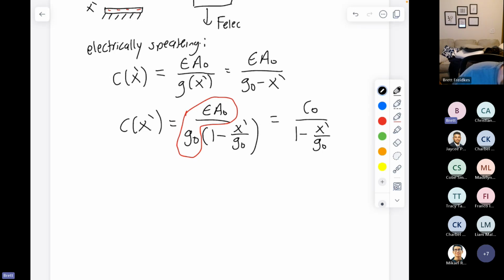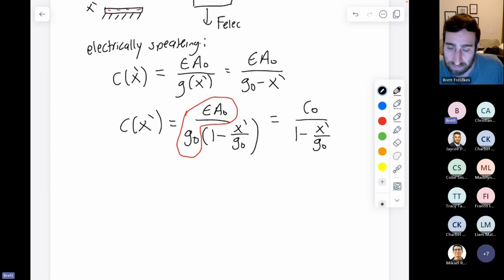This is our capacitance as a function of x prime. If x prime is 0, it hasn't deflected, so our capacitance is just C naught. If x prime becomes some non-zero value, then it'll increase or decrease depending on if it moves closer to the plate or further away. Is that okay?